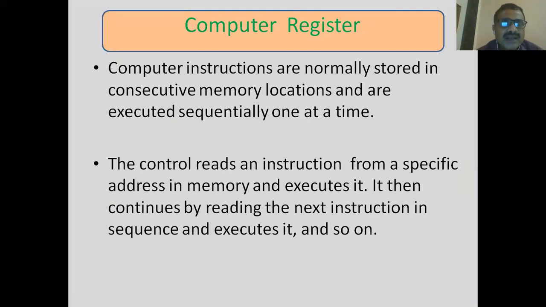Whenever the question arises about the control of reading an instruction from a specific address in memory, then as per the control signal, it performs its execution. After that, it continues reading the remaining instructions one by one in a sequential manner, and at the end all instructions get executed and that particular program gets over.